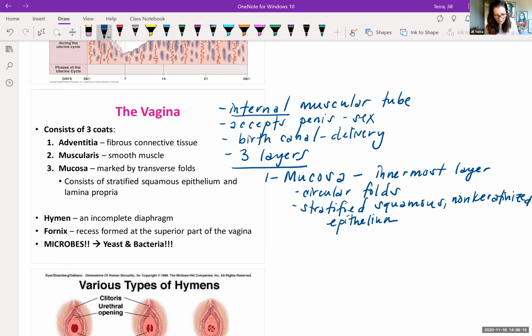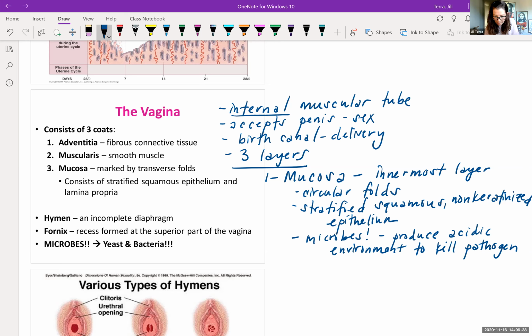Our vagina also contains microbes, ladies, that produce an acidic environment to help fight off pathogenic microbes from colonizing our reproductive tract. Pathogen means disease causing.